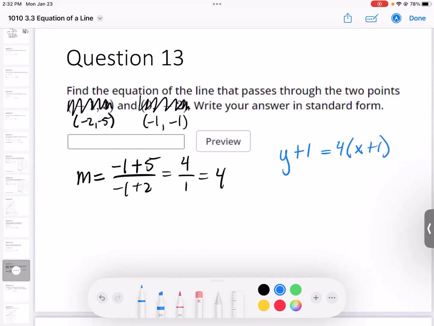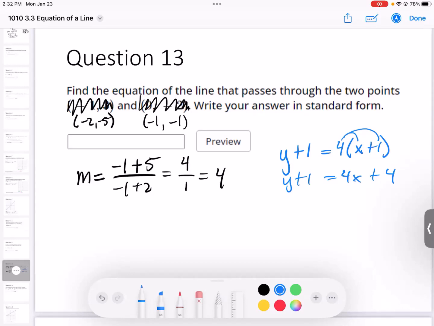And then they want the answer in standard form, which means that we need to not have any parentheses. So I'll get y plus 1 equals 4x plus 4. And then the x and y need to be on the same side of the equation, and the x number has to be positive.